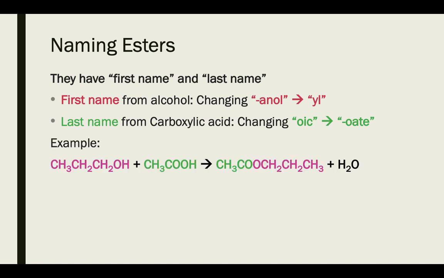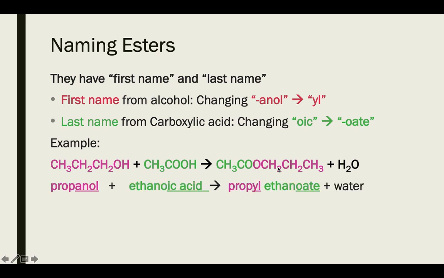Here's an example. In this case, we are reacting ethanoic acid with propanol. The resulting ester would be propyl, because that's the alcohol and that's the first name, and the ethanoic acid becomes ethanoate and that's the last name.